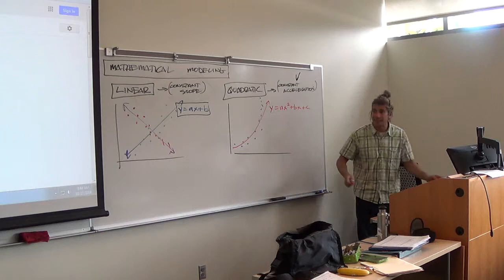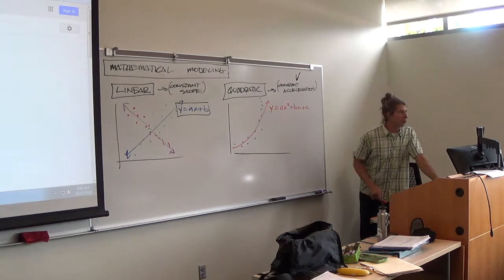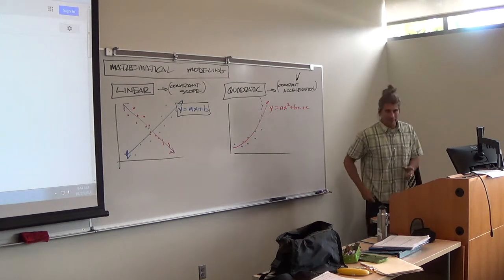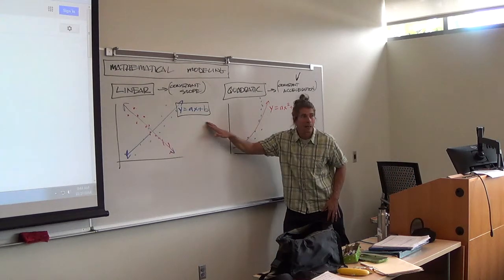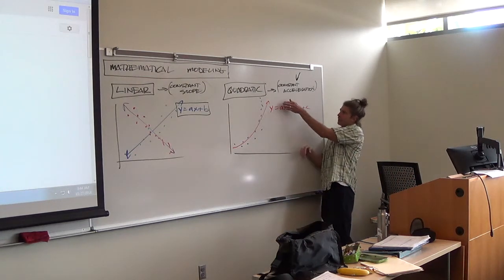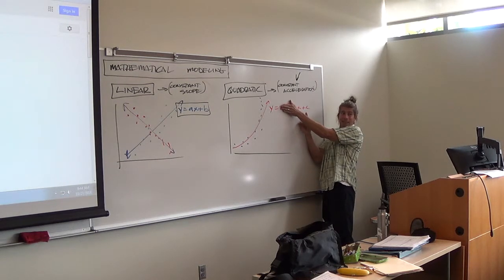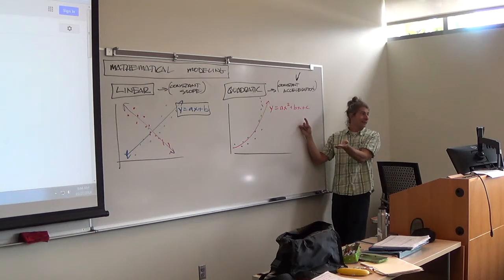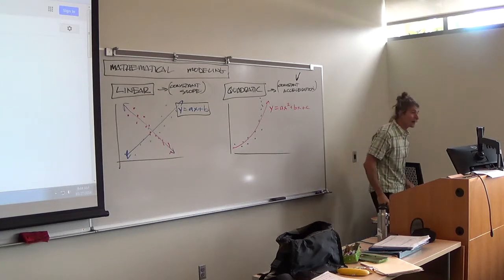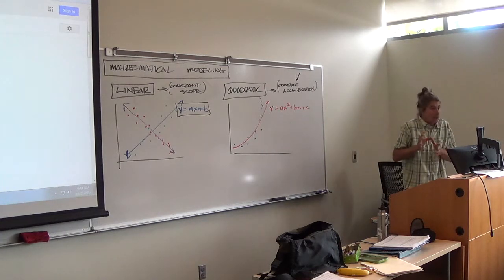The level of complexity in this one is generally far simpler. The other reason I like this form a lot better, you see how this is AX plus B? If you cover up that part, that's the same. That's called the linear component of the quadratic function. That's the part that makes it curve. And exactly, that's the part that I think is like the most badass of the whole thing.